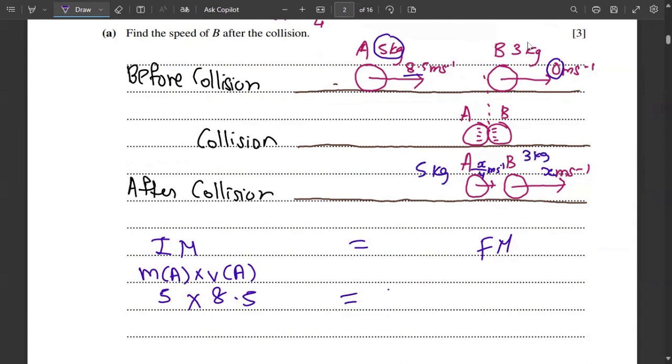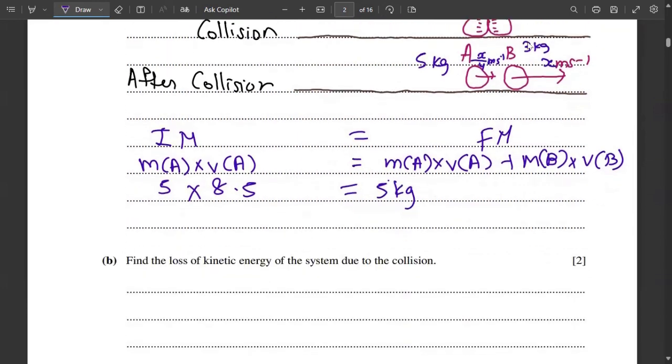So this will be mass of A into velocity of A plus mass of B into velocity of B. Mass of A is 5 and the velocity of A is x by 4. Mass of B is 3, velocity of B is x.